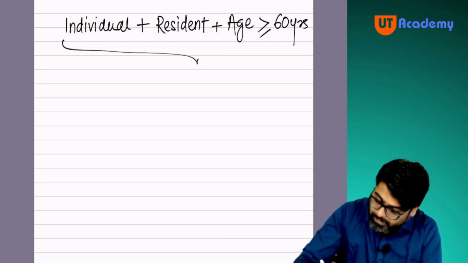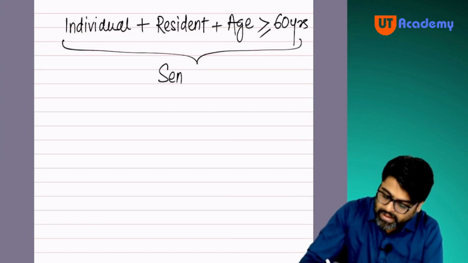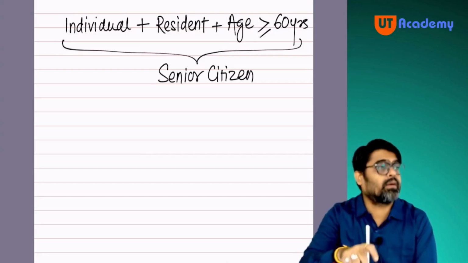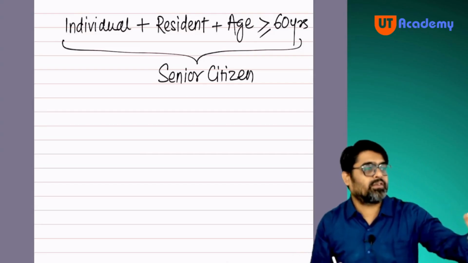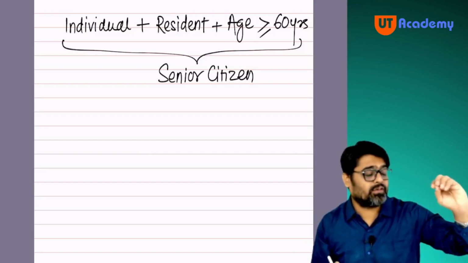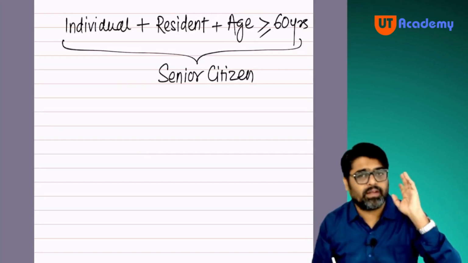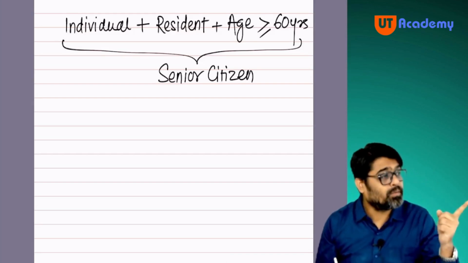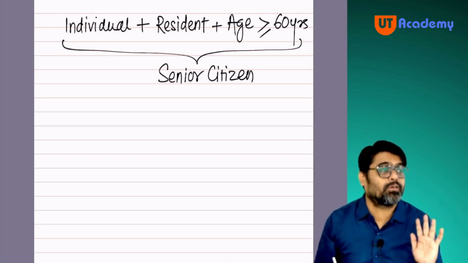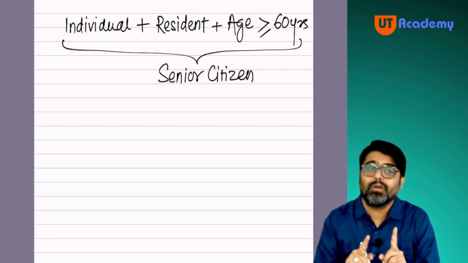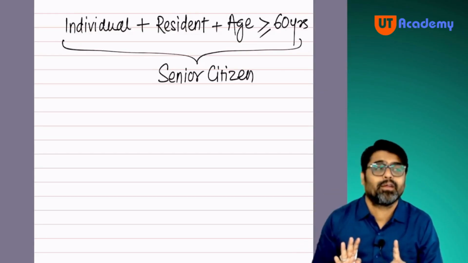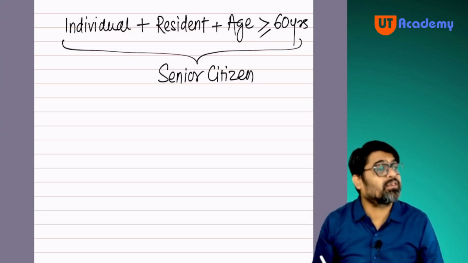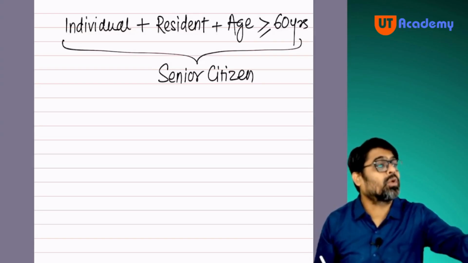So this type of individual is known as senior citizen for the Income Tax Act. Your age is 80, your age is 70. Will you be a senior citizen? No. You must be a resident also. Even if your age is 70, you will not be treated as a senior citizen if your status is non-resident.